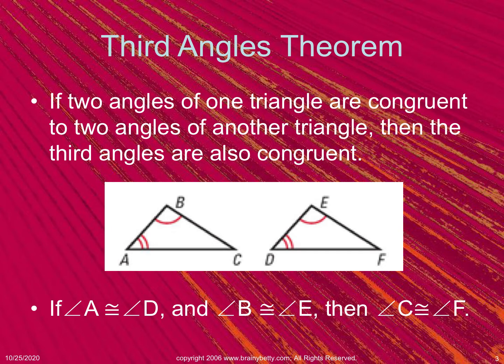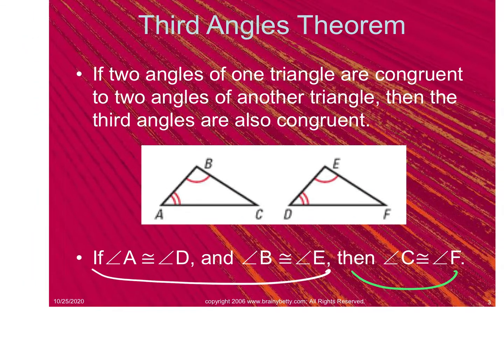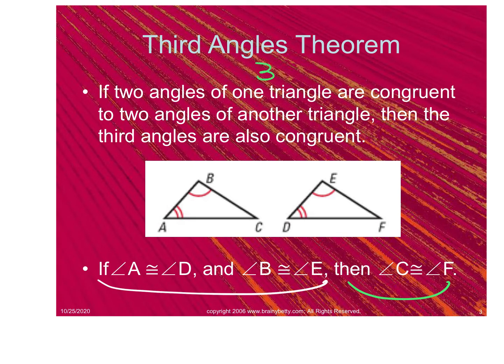And we saw this when we were using that triangle sum, where we added the 2 angles and then subtracted from 180 to find the missing one. So for example, this would be the given. If these 2 are congruent, then you can conclude that the third one is congruent, and it's called the third angles theorem. If you want to abbreviate it, you can put a 3 and then angles theorem, you can abbreviate it that way.